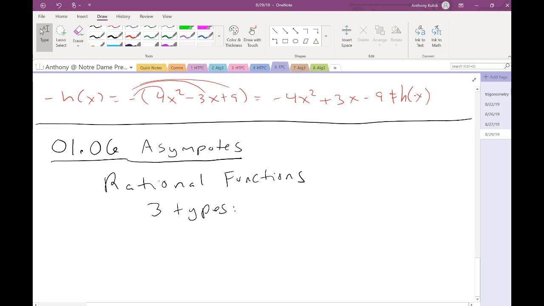Do we remember any of those 3 types? Vertical is one, yes. Horizontal is another. And the third kind was the one that everybody hated trying to find, those slant or oblique asymptotes we had a hard time with. The good news is we're not worried about any of those right now.